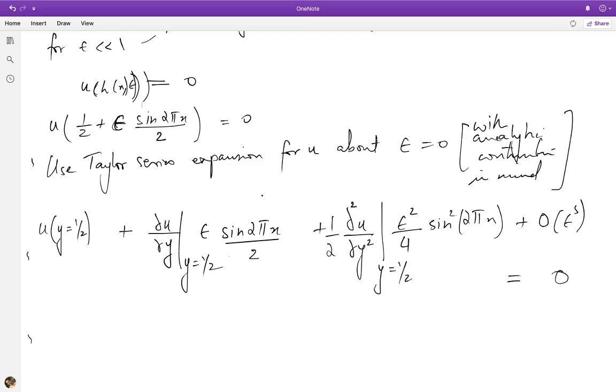So that is the utility of this domain perturbation method, which can be thought of as a Taylor series expansion of the boundary condition for small values of epsilon. Because only then is the true boundary located a short distance away from the so-called base domain boundary, or the domain perturbation problem's boundary.